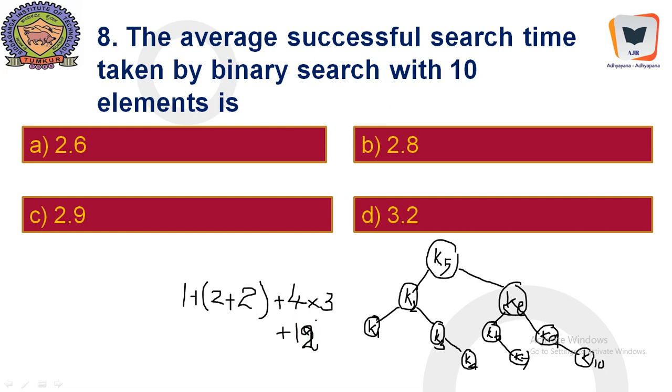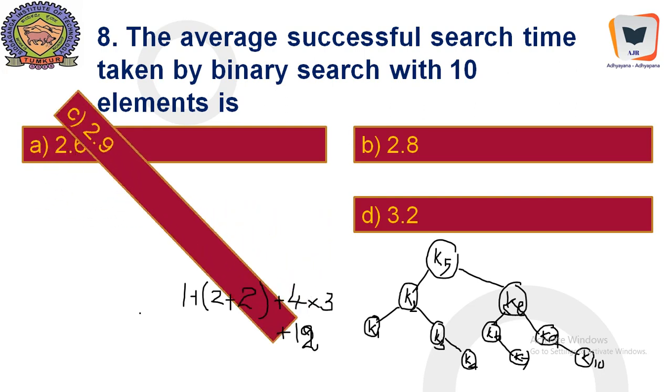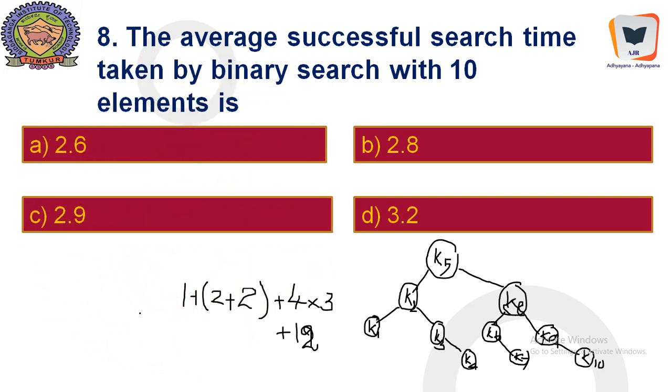So 12 plus 12, 24. 24 plus 4 is 28. 28 plus 1 is 29. 29 divided by 10 keys. So 29 divided by 10 is 2.9. So there will be 2.9 average number of comparisons.